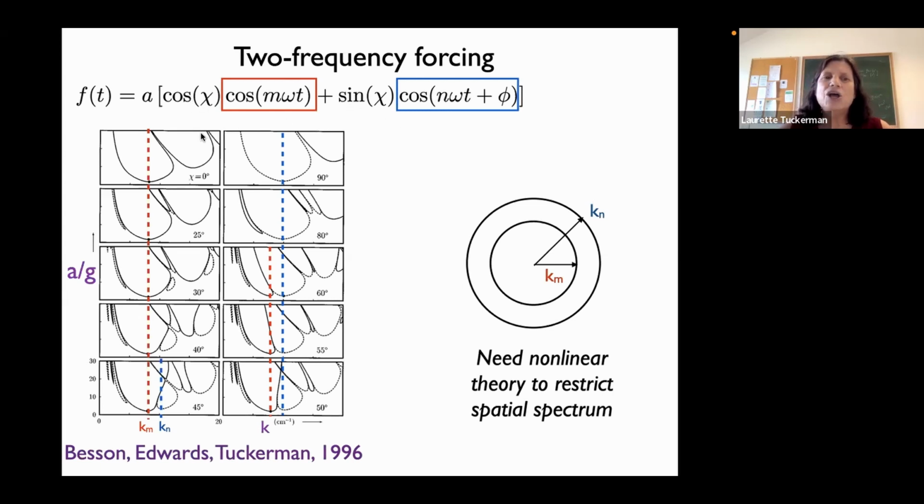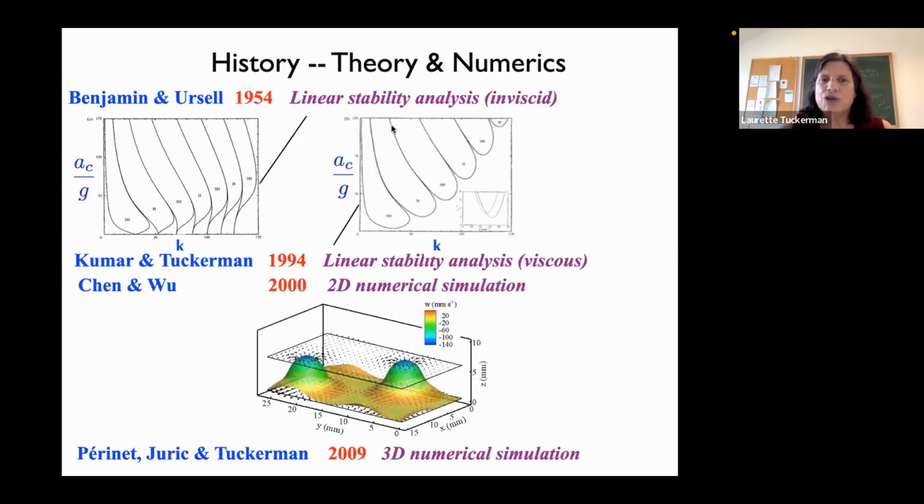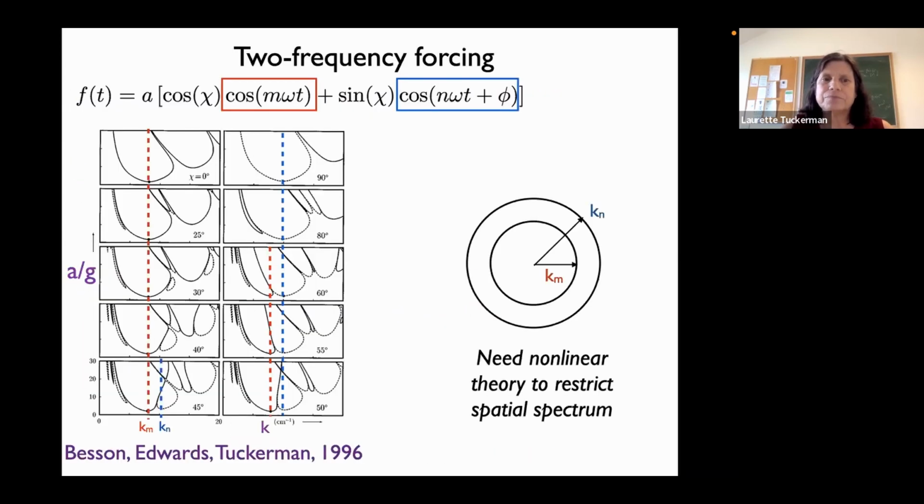So if you had just the M one, then you would elicit waves at this spatial wave number Km. This pretty much looks like what you saw here, right? And if you had just this one here, that's 90 degrees, so you have only this and none of the red, you would see a different spatial wave number here.